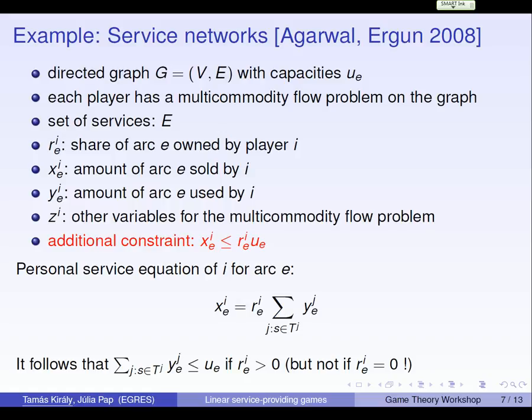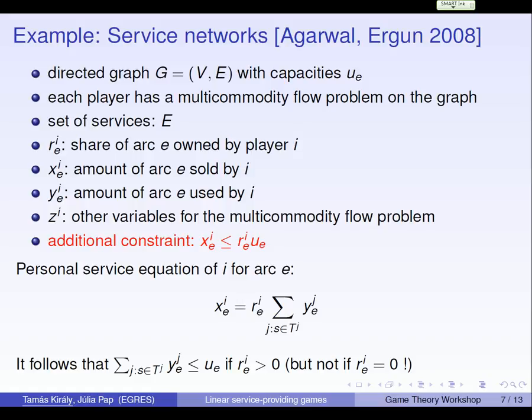So let's return to that service network example. This was actually introduced by Agarwal and Ergun, but not in this context; in a cooperative game context, but it can be formulated here too. We have a directed graph with capacities, and each player has a multi-commodity flow. Now we let the set of services be the set of arcs of the digraph.